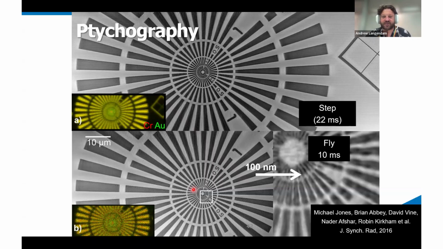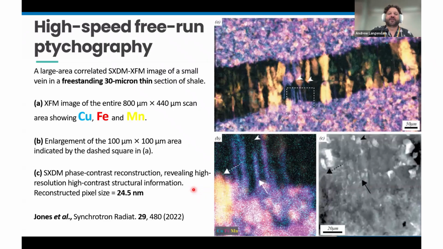This is a Siemens star. Don't worry too much about it because I've got a rock to show you here. This is doing some of this mapping on, again, from Christoph and Michael, on some of these structurally important calcite-hosted fault zones from the Alps in Switzerland. So this was collected on a 30-micron freestanding thin section.